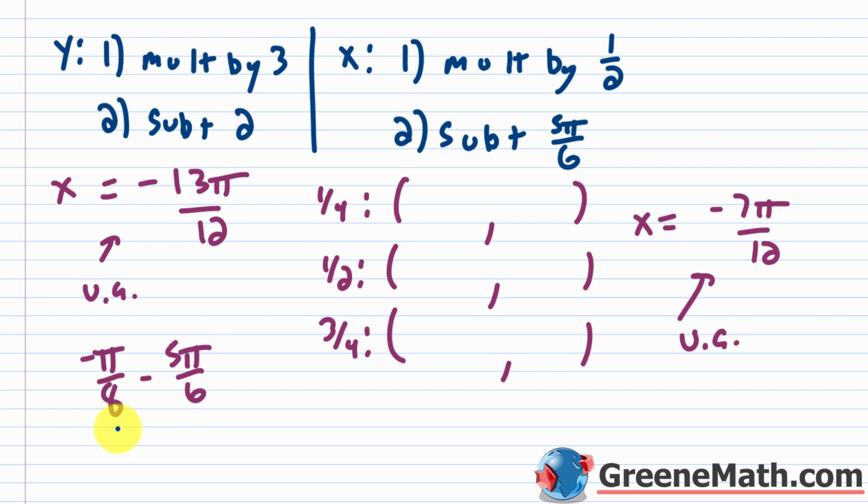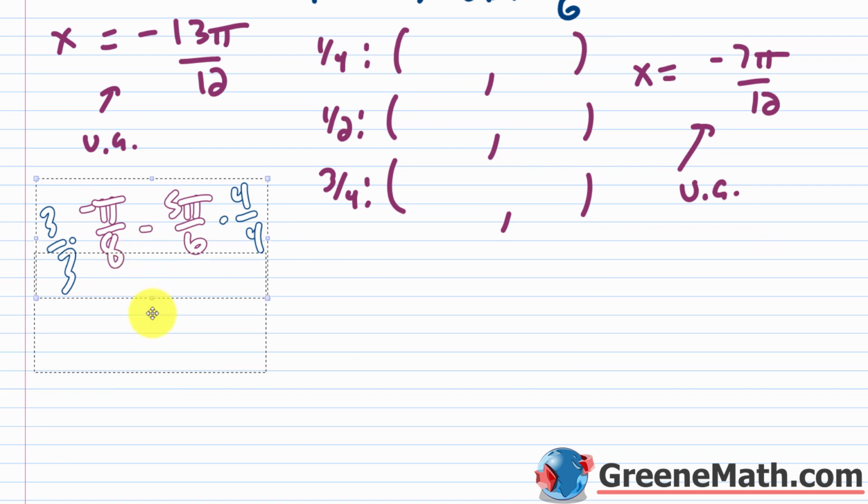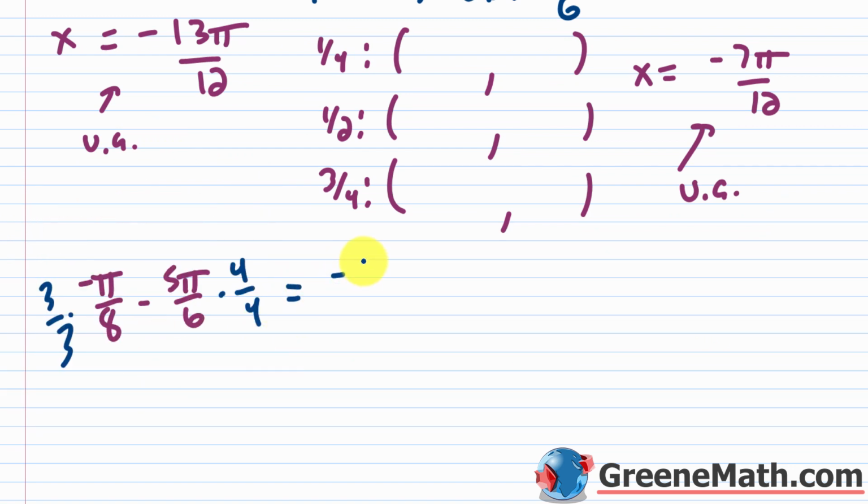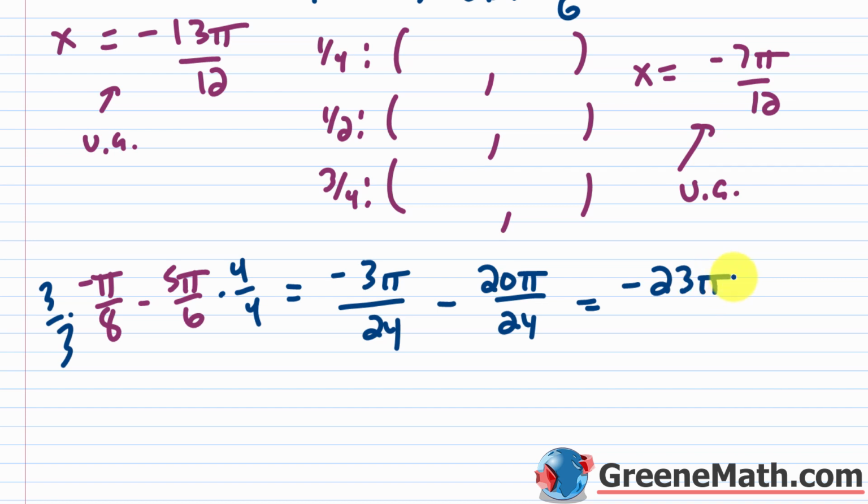So you have 8, which is 2 cubed, and 6, which is 3 times 2. So you're going to want 8 times 3, which is 24. So multiply this by 4 over 4, and this by 3 over 3. Let me bring this down here. I'm going to run out of room. This would be negative 3 pi over 24 minus 20 pi over 24, which would be negative 23 pi over 24. So negative 23 pi over 24.